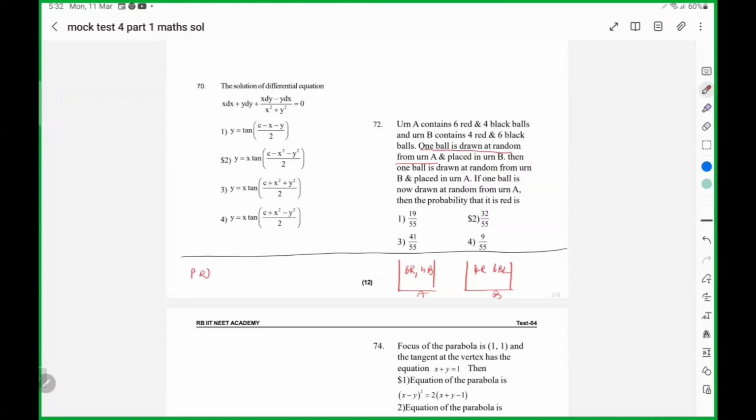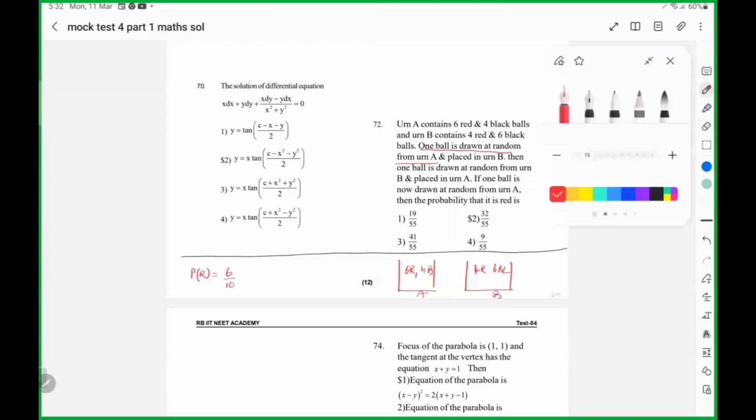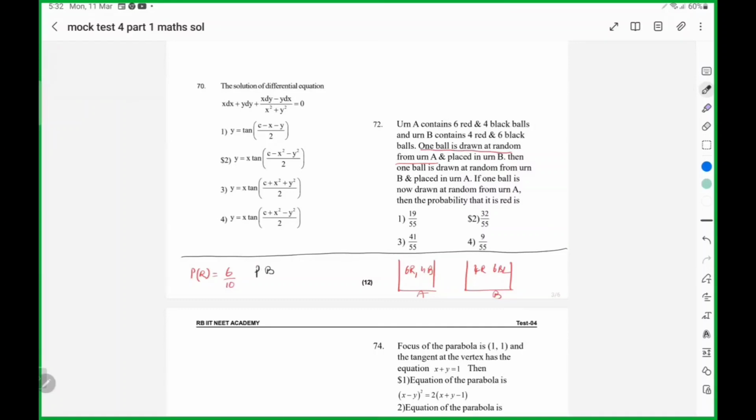If it is a red ball, it is 6 by 10. If it is a black ball, 4 by 10. And placed in urn B. Then one ball is drawn randomly from urn B.